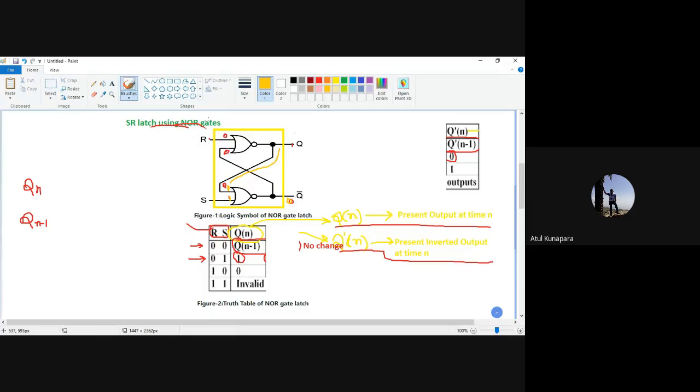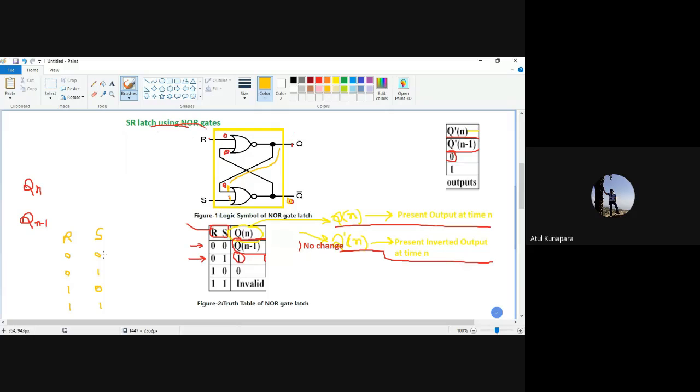First and most important thing: here your inputs are 2. When you have 2 inputs, you can have a total of 4 possibilities, as we have already understood: your R and S can both be 0, 0, or 0, 1, or 1, 0, or 1, 1. These are the 4 possibilities that we can give at the input side.